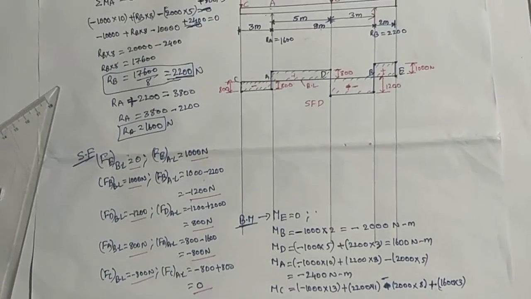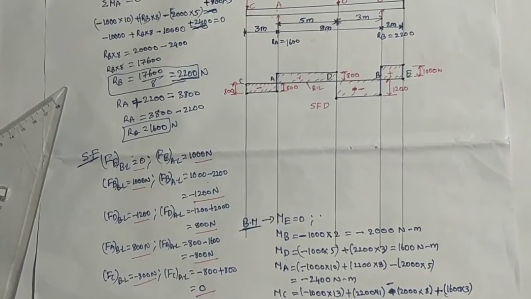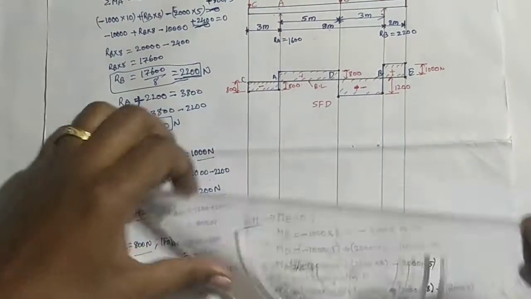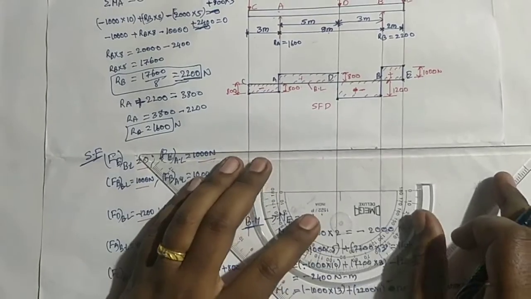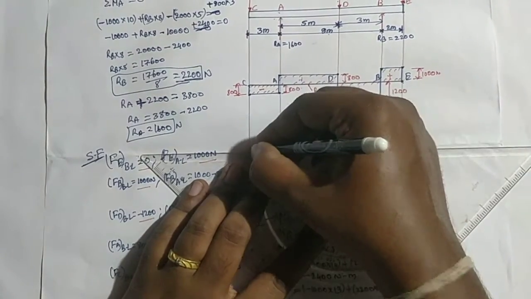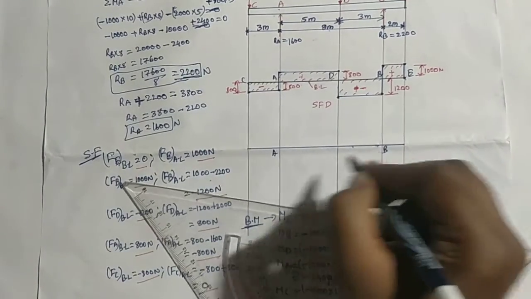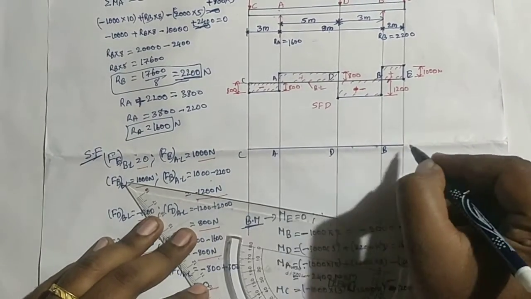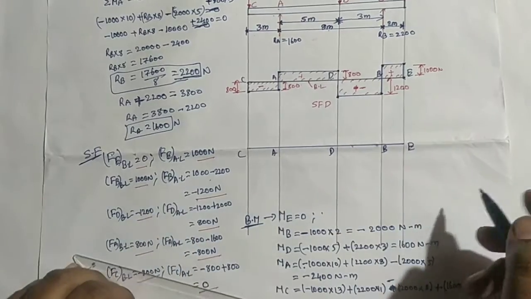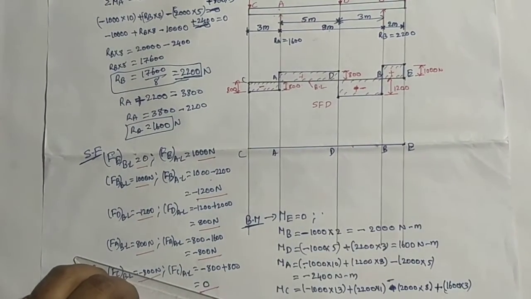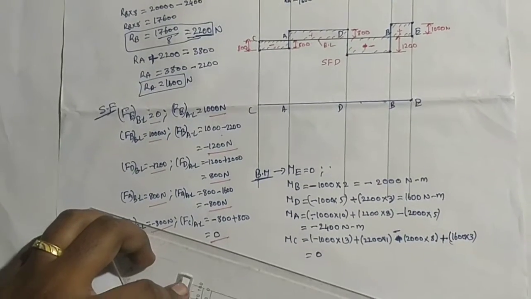Okay, by using these values, draw the bending moment diagram. First, draw the baseline. Next, give the notations A, B, C, D, E. At point E, the bending moment value is 0. Next, at point B, the bending moment value is minus 2000.